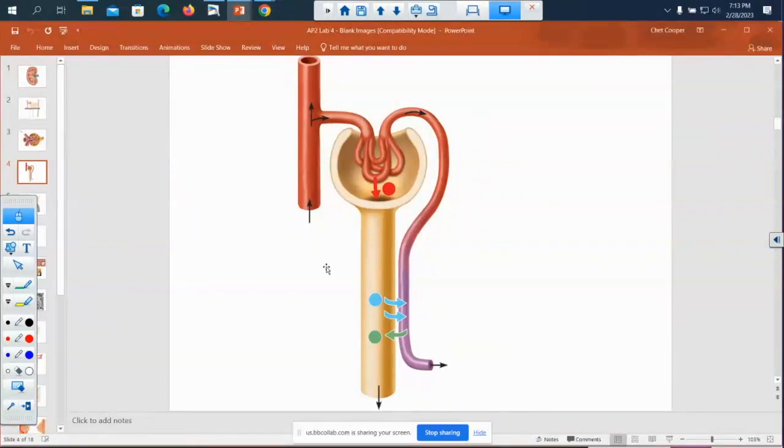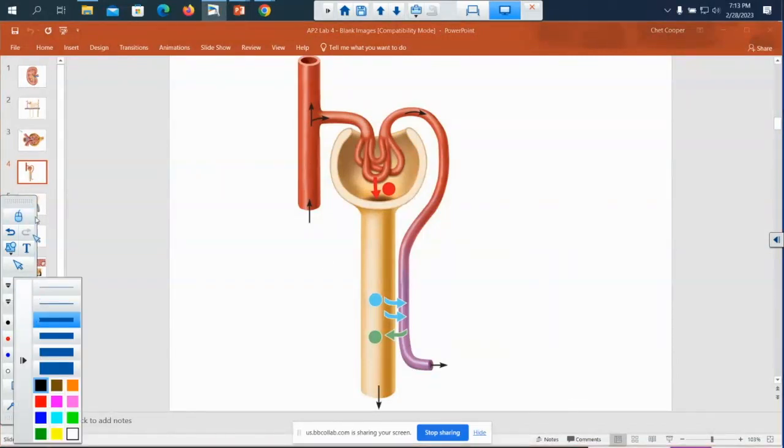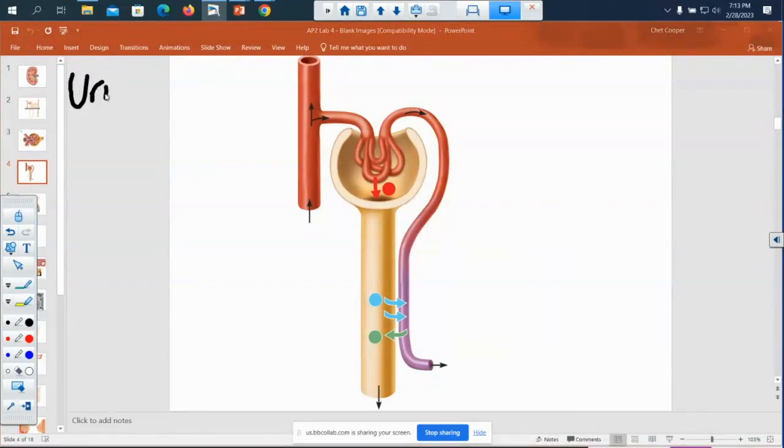In this picture, we're going to talk about how urine is formed. So the formation of urine, or urine formation.